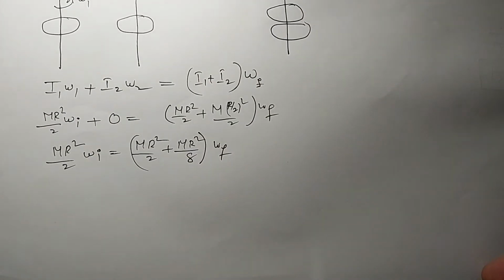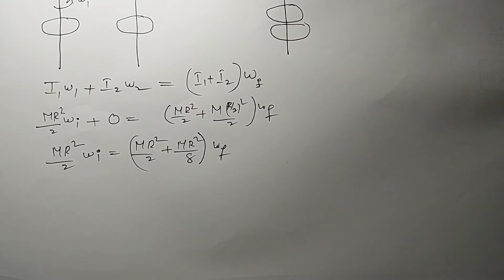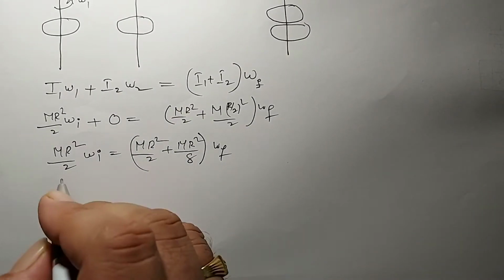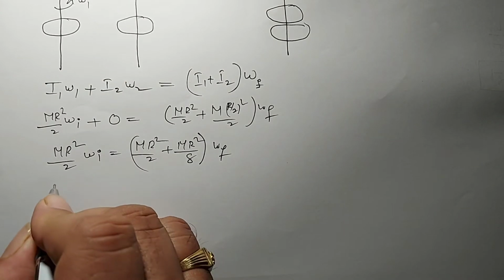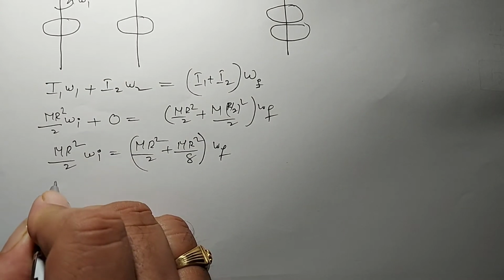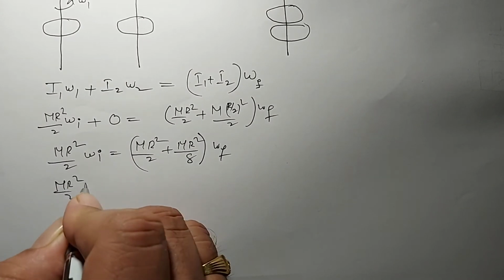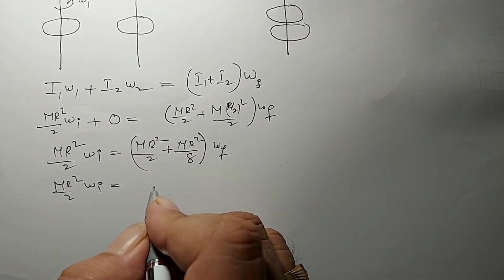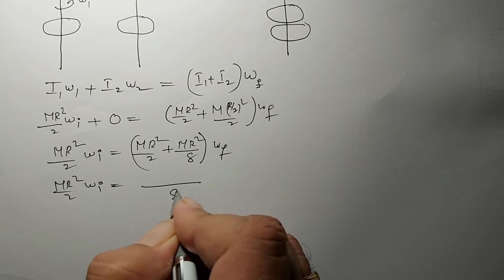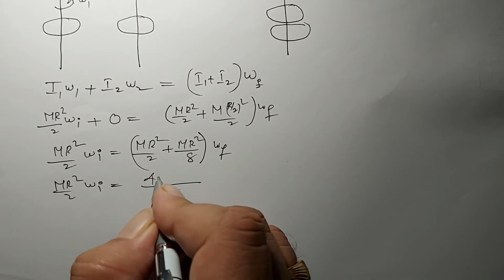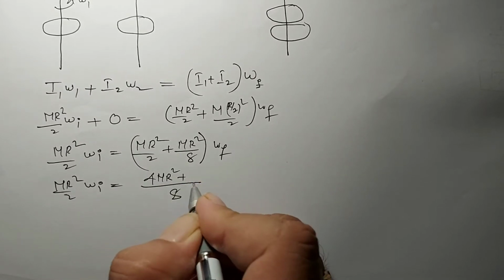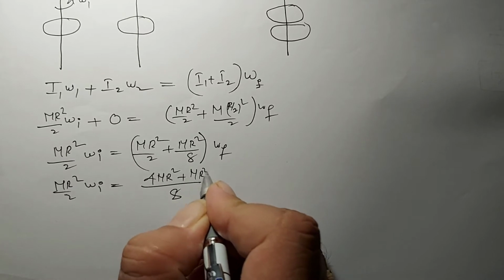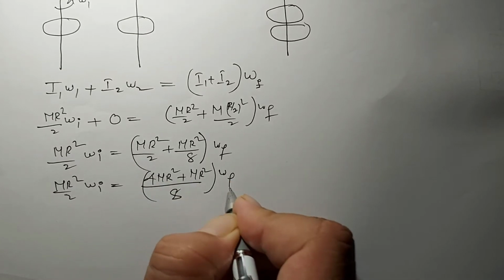Right. Here this is mr square by 2 omega initial, and the LCM of this one is 8: 4 mr square plus mr square, into omega final.